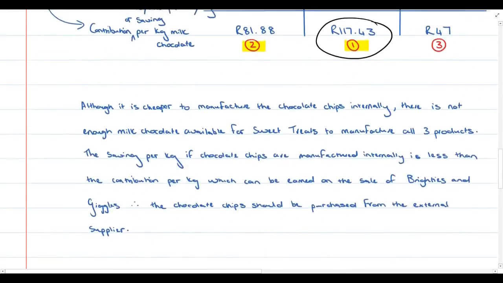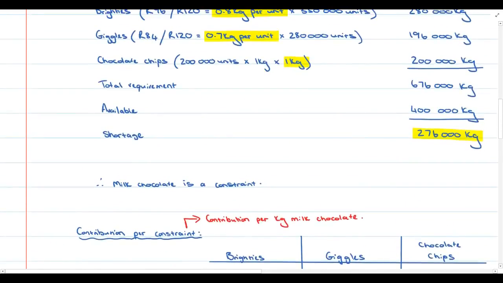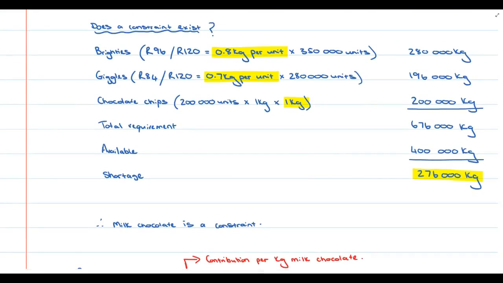So how much milk chocolate do we need in order to make all of the Giggles units? And we have already performed this calculation. We know that the annual demand for Giggles is 280,000 units, and they need 0.7 kilograms per unit.